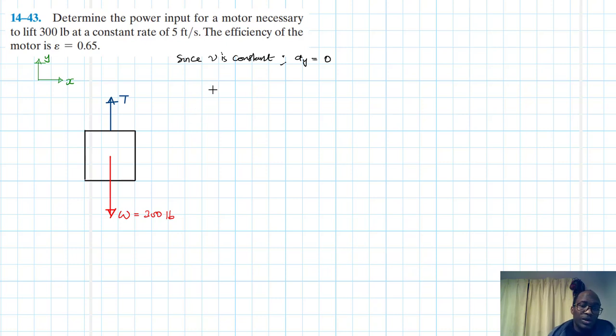Let's write down the equation. Summation of forces in the y direction equals m a_y. But we know that a_y is equal to 0 because v is constant. And therefore we have T minus W equal to 0, so our T will just be equal to W, which is 300 pounds.